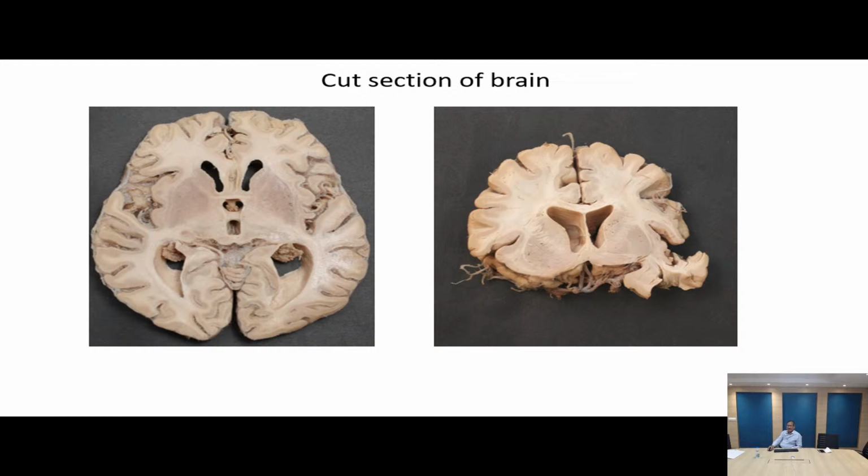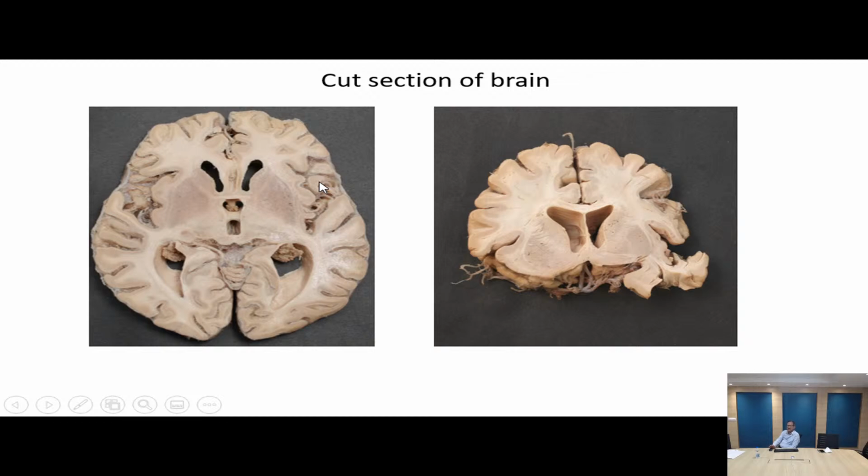It has the cell bodies of the neurons, and this is the white matter, which has the nerve fibers, and it will also have a specific type of glia called oligodendrocytes. You know about the cellular components of the nervous system.